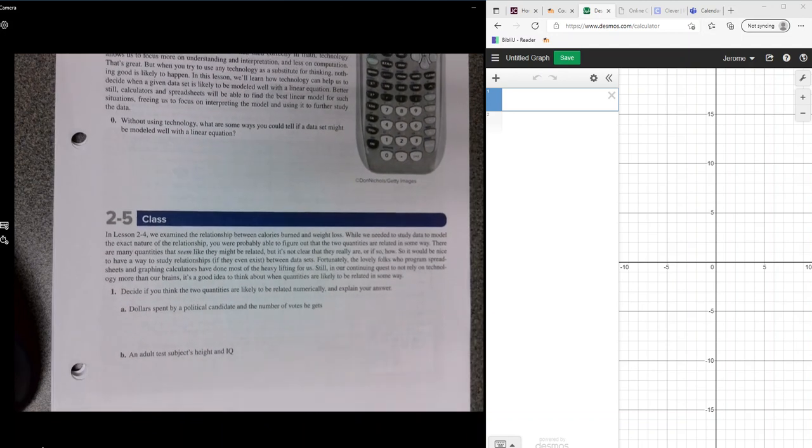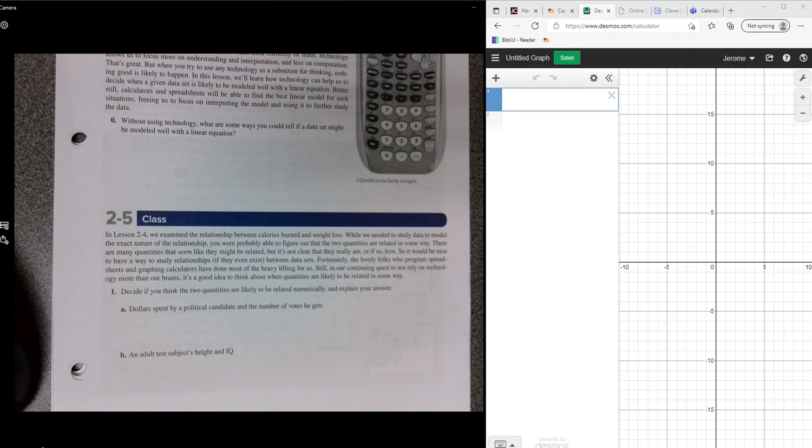It says in lesson 2.4, we examine the relationship between calories burned and weight loss. While we needed to study data to model the exact nature of the relationship, you were probably able to figure out that the two quantities are related in some way. There are many quantities that seem like they might be related, but it's not clear that they really are, or if so, how.